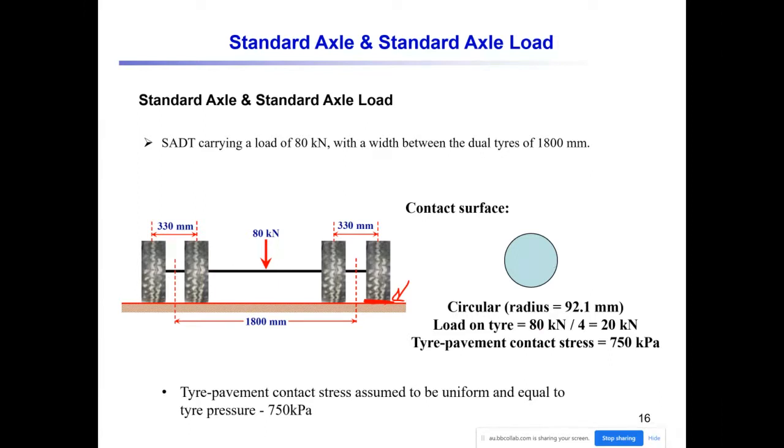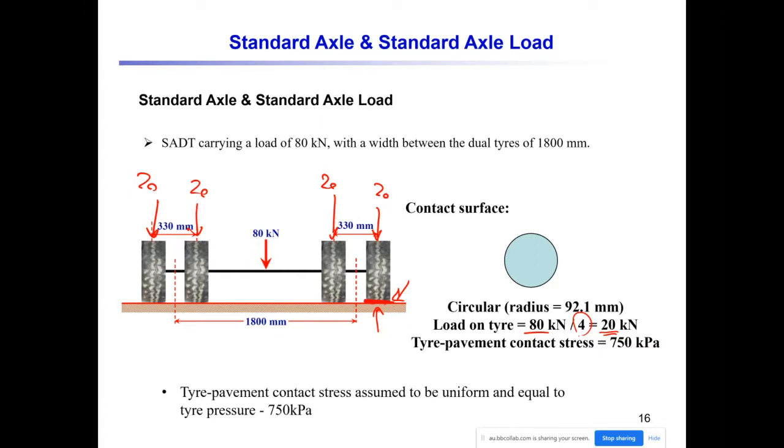So we mentioned that the standard load is 80 kilonewton, right? So the load per tire is 80 divided by 4, it becomes 20 kilonewton. So it becomes 20 kilonewton here, 20 kilonewton here. We are considering uniform distribution. And it is simple to calculate the contact pressure.